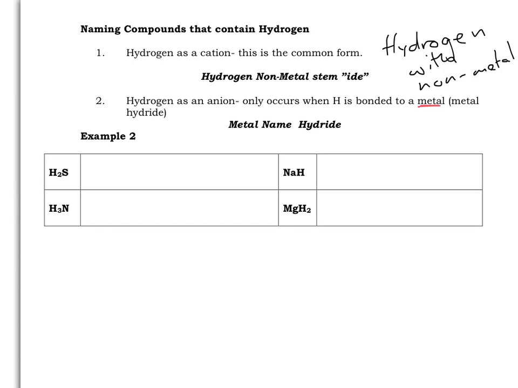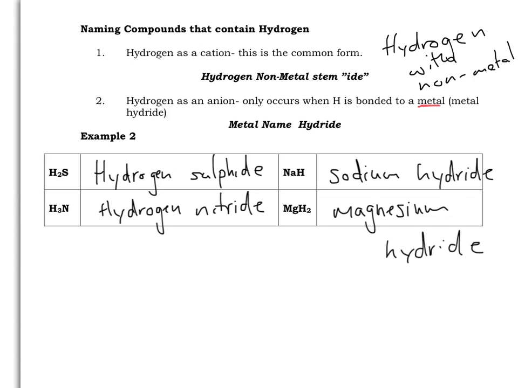So it's going to be the metal name first, and then hydrogen will be hydride instead of hydrogen. So again, let's pause the video, try these examples. I'll put my solutions up, and you can check them. Okay, so looking at these examples here, hydrogen with the nonmetals, hydrogen sulfide, hydrogen nitride. Hydrogen with the metals, sodium hydride, magnesium hydride.